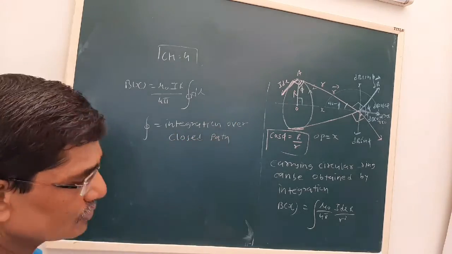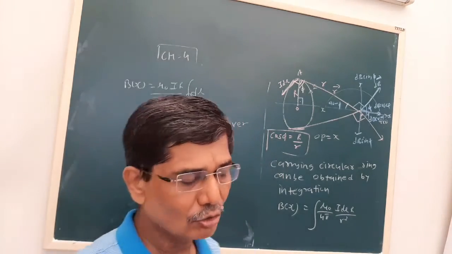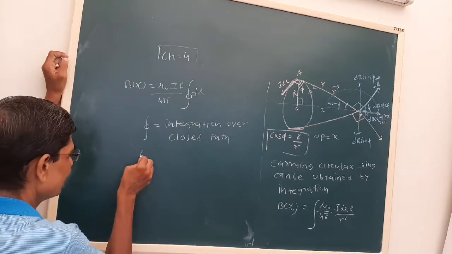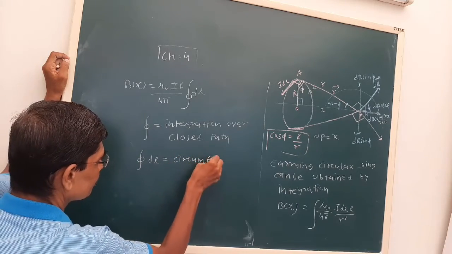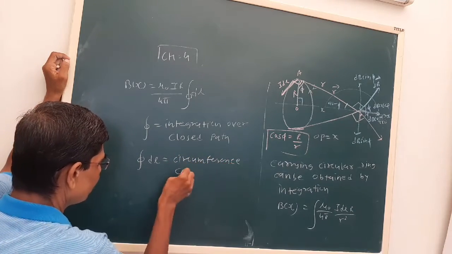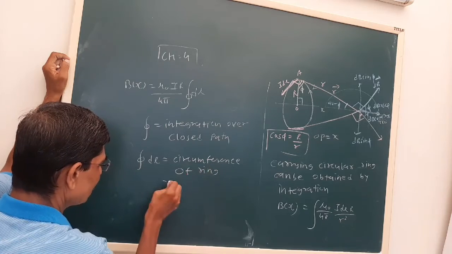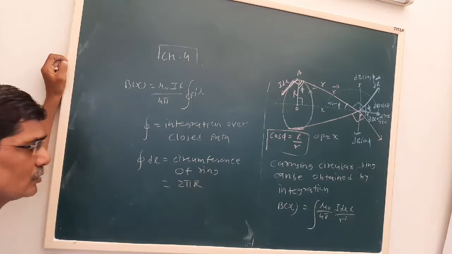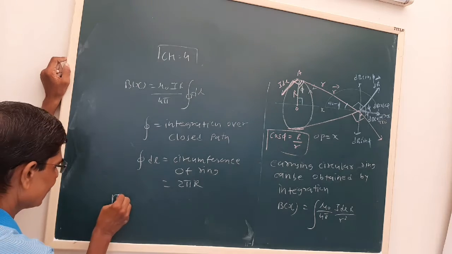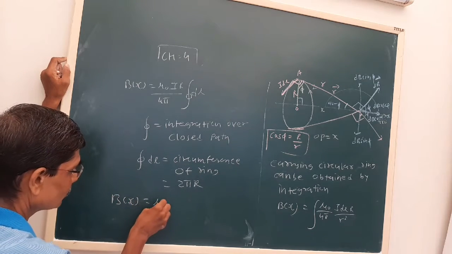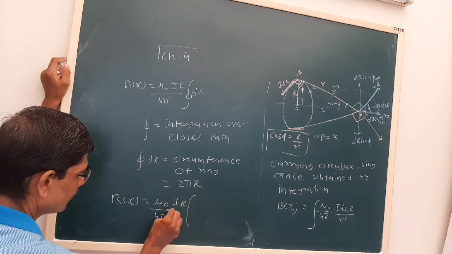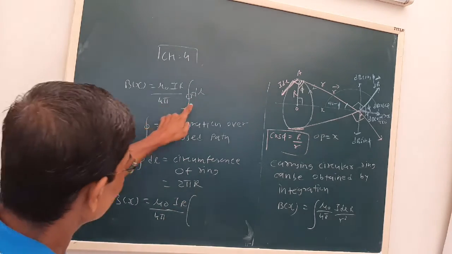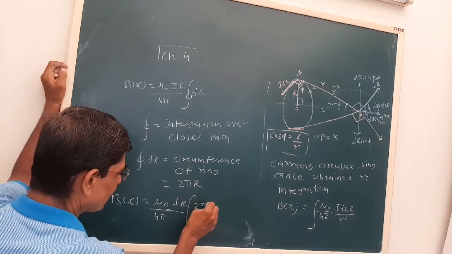We know a circle is a closed path. Integration dl is nothing but the circumference of the ring; R is the radius, so the circumference will be 2 pi R. So dBx we can write as mu0 upon 4 pi I r, and the integration dl we have obtained is 2 pi R.